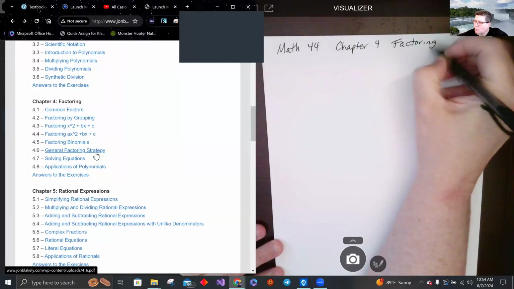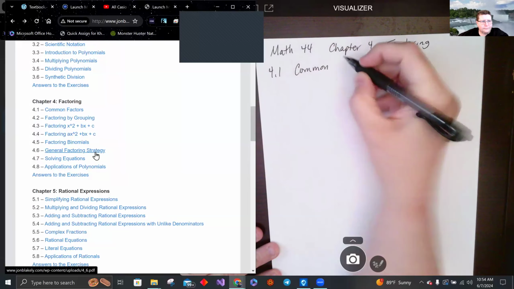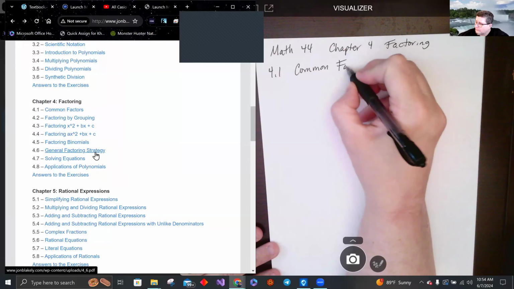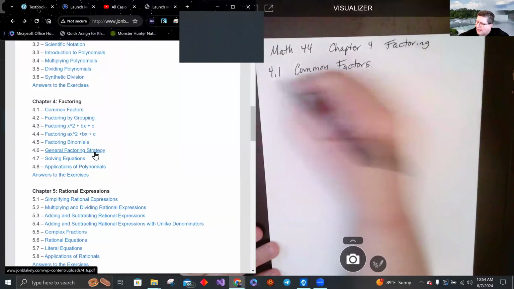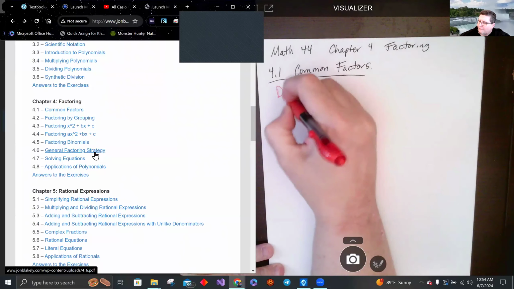In 4.1, we're going to do common factors. And this is all dependent on that distributive property we did before.